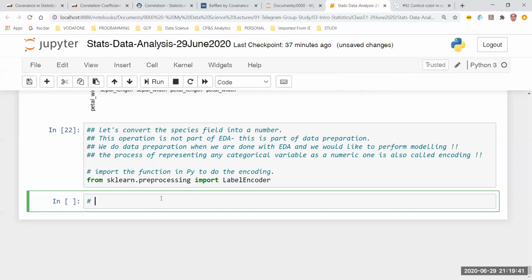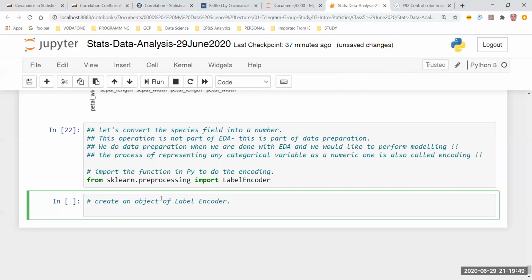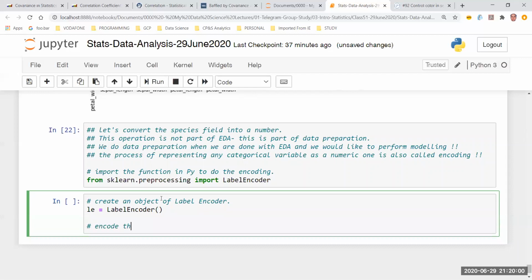So what I do now is that I'm going to create an object of LabelEncoder. Please ignore what is going on here. We will try to understand what label encoding is shortly. I'm going to create a label encoder object, and then encode the species values.